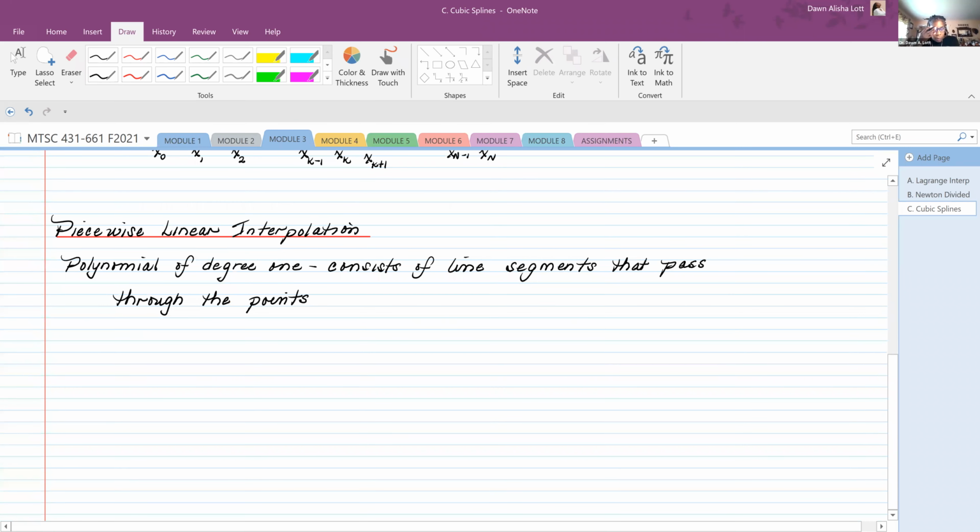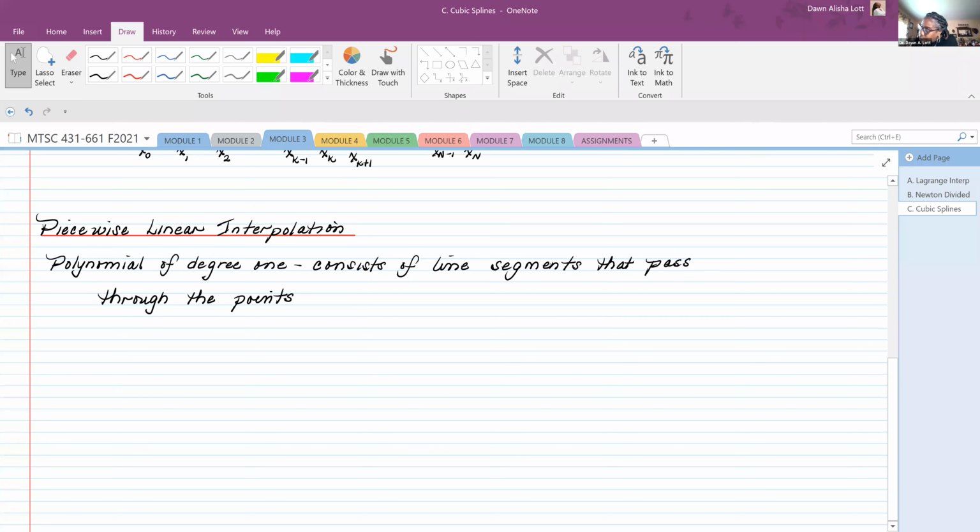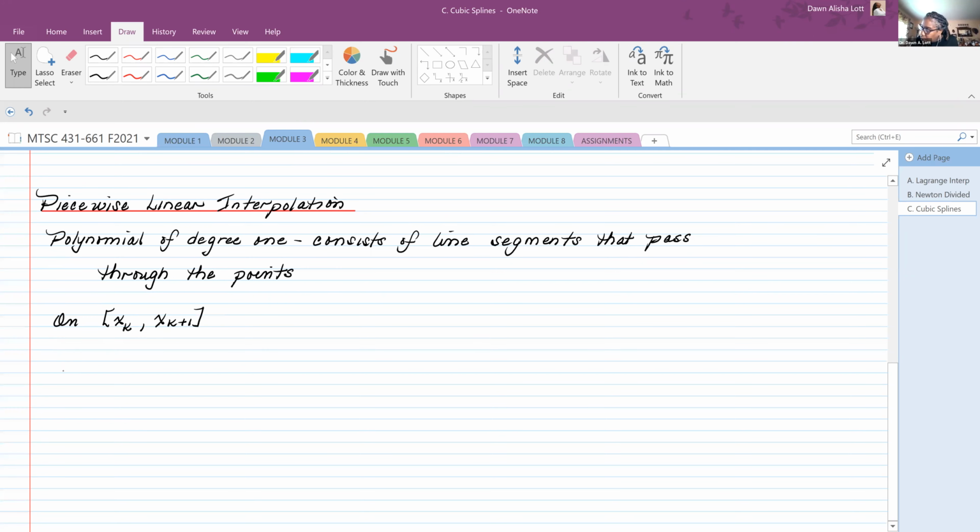So that means on any interval x_k to x_{k+1}, S_k is the line on that interval. Well, let's just use the Lagrange interpolating polynomial.